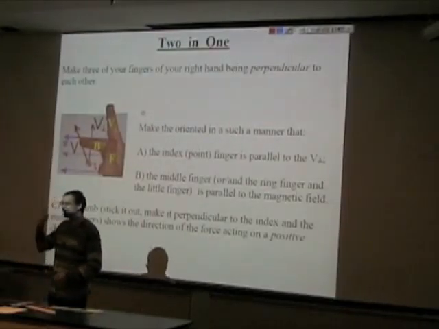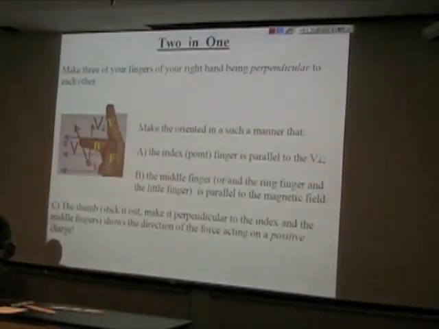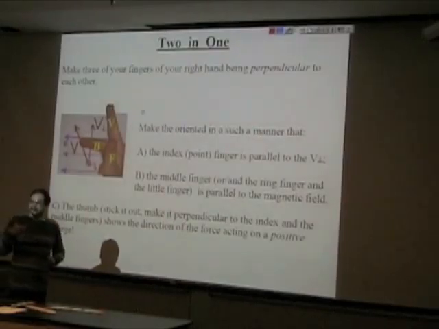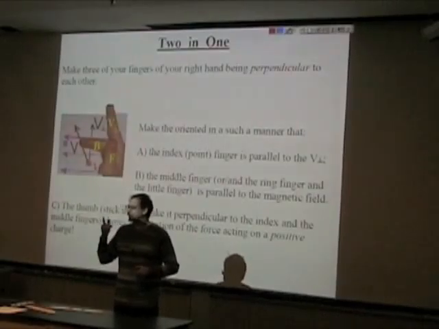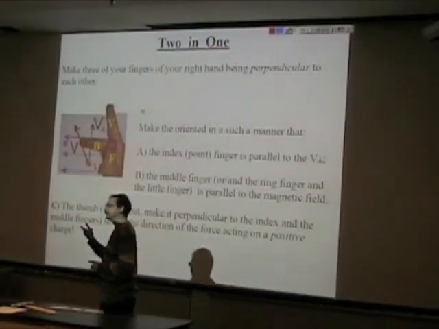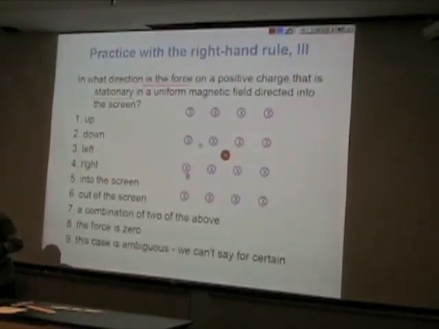So one direction represents the component of the velocity perpendicular to the field. We use this finger for that. And these three fingers represent magnetic field lines, and the thumb represents the force. So if we know any two directions out of these three, we can figure out the direction of the third one. And all we have to do is apply this rule several times just to practice.